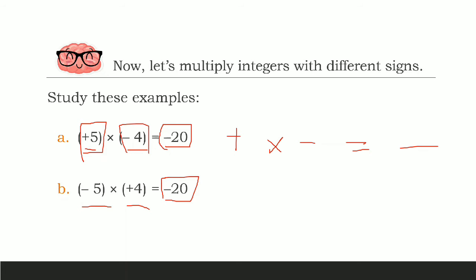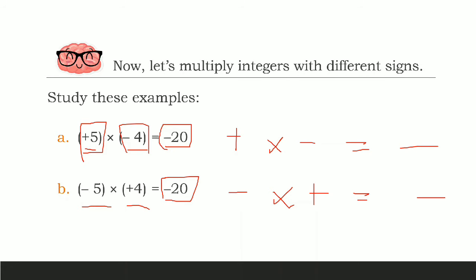We multiply negative 5 by positive 4, our answer is negative 20 because they have different sign. That's our rule number 2. If we have different sign, our answer will be negative.